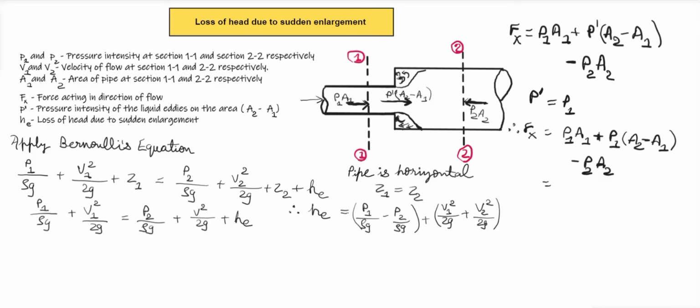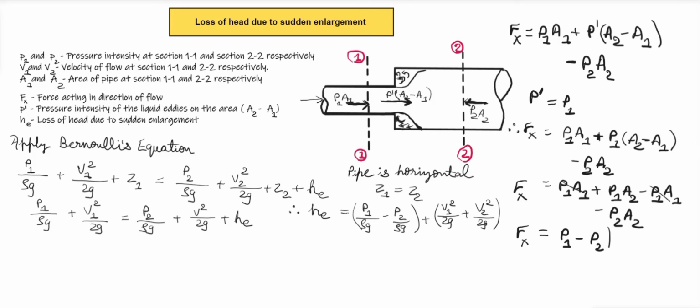Then when we expand this, we get P1A1 plus P1A2 minus P1A1 minus P2A2. P1A1 will get cancelled and we'll have Fx is equal to P1 minus P2 into A2, as we took A2 common.